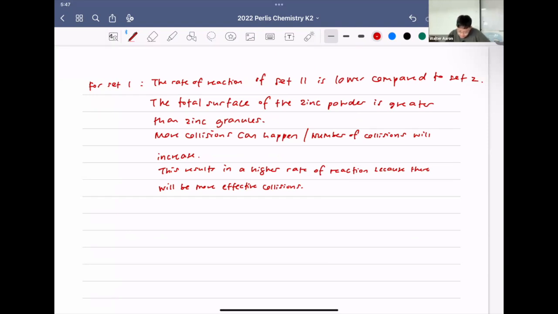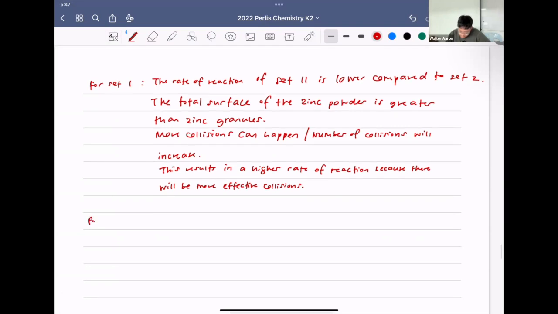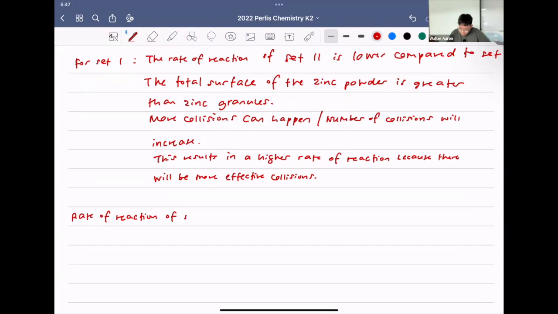Okay, so you say here: rate of reaction of set 3 is higher than set 1. They'll give 1 mark already.